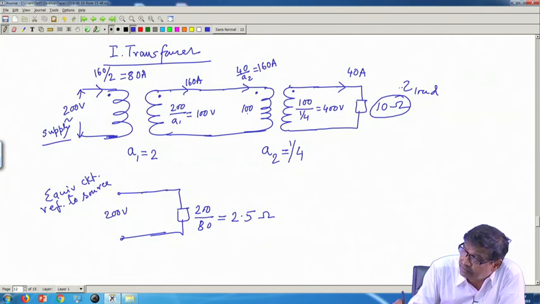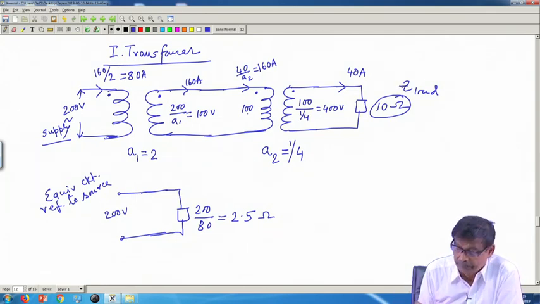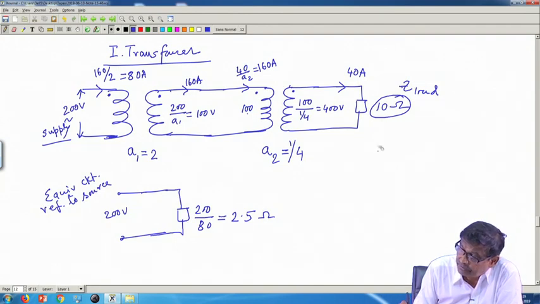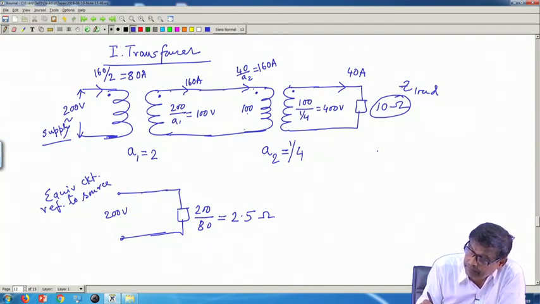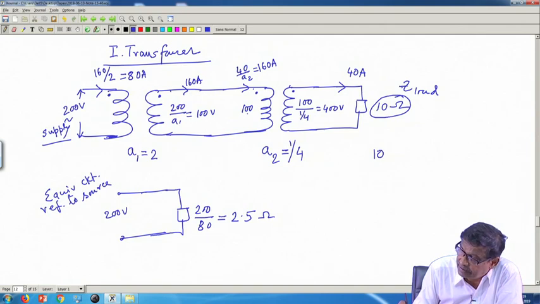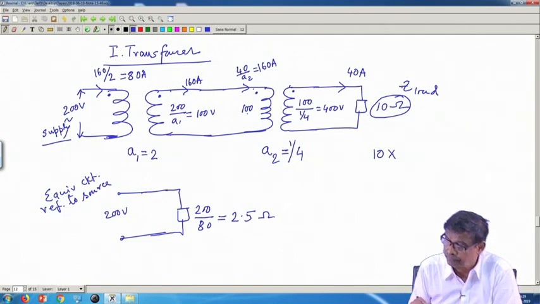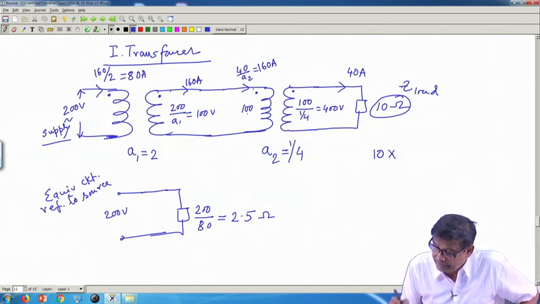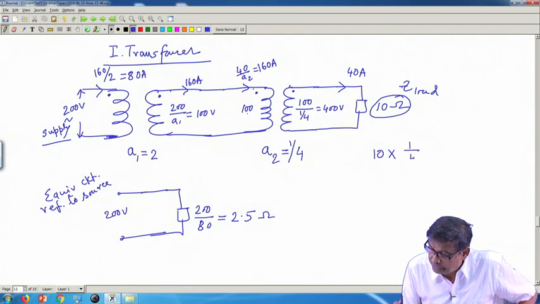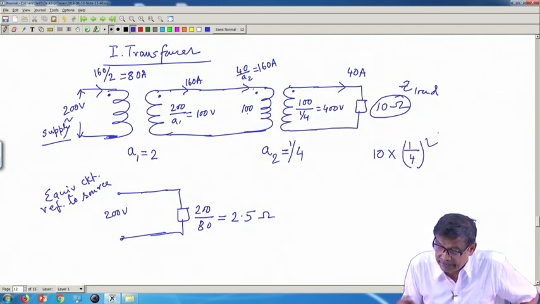Z load is this. So, to this here, this impedance will appear to be 10 into a square, that is 1 by 4 square.